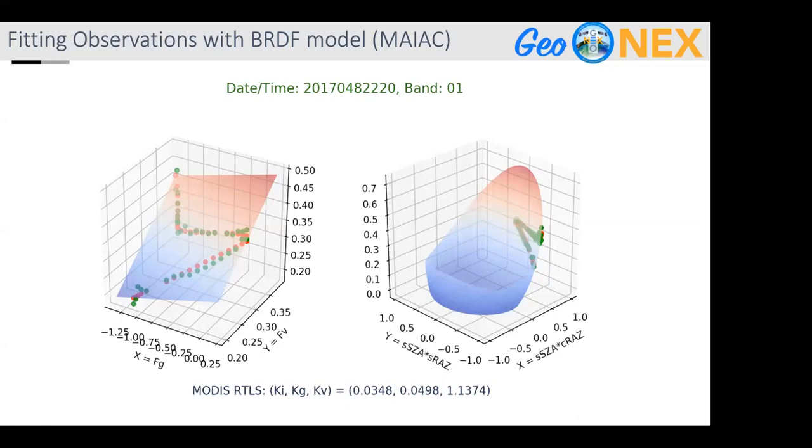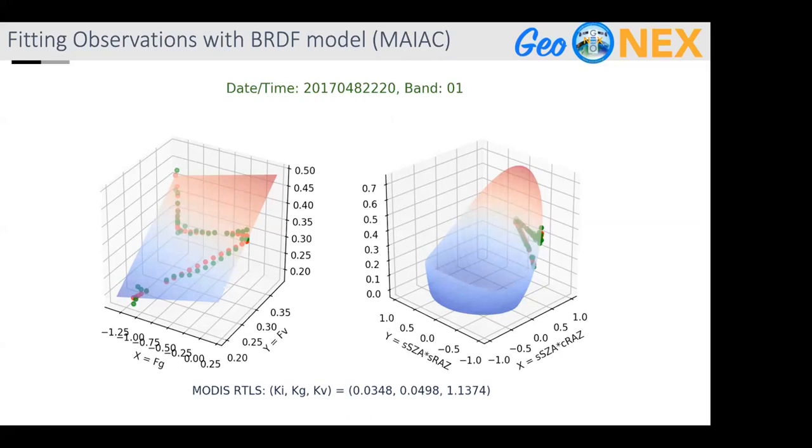This is also the model utilized by an algorithm called MAIAC, developed by Alexei Lyapustin at Goddard. This is one of the kernel or core algorithms used for atmospheric correction. We're going to talk about it later.